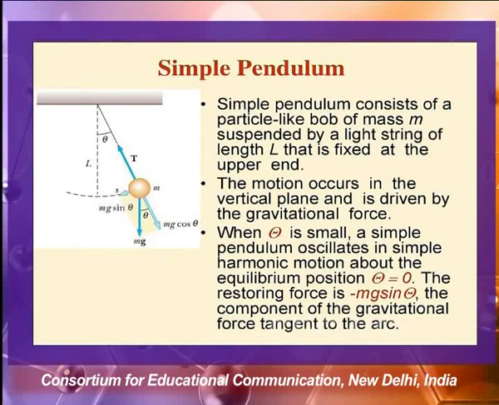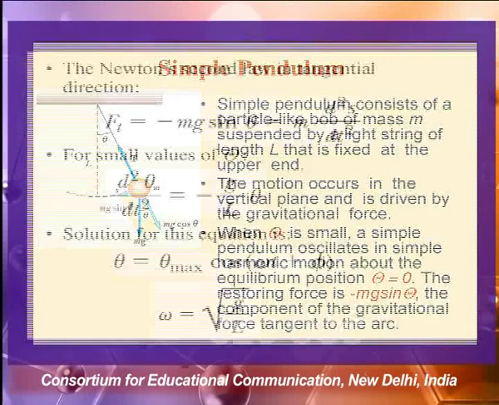When theta is small, a simple pendulum oscillates in simple harmonic motion about the equilibrium position theta equal to 0, and the restoring force is minus mg sin theta, the component of the gravitational force tangent to the arc.